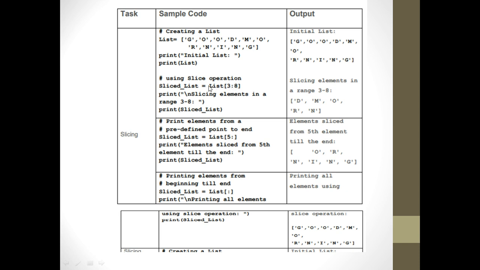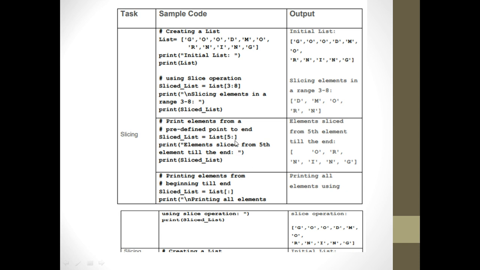If I say sliced list is equal to list of 3 colon 8, from this list 3 colon 8, that is 3 as in 0, 1, 2, 3, D, M will be 4, O will be 5, R will be 6, and N will be 7. So this much gets added to another list called sliced list. And when I print the sliced list, I will get DMORN. That is 3, 4, 5, 6, 7.